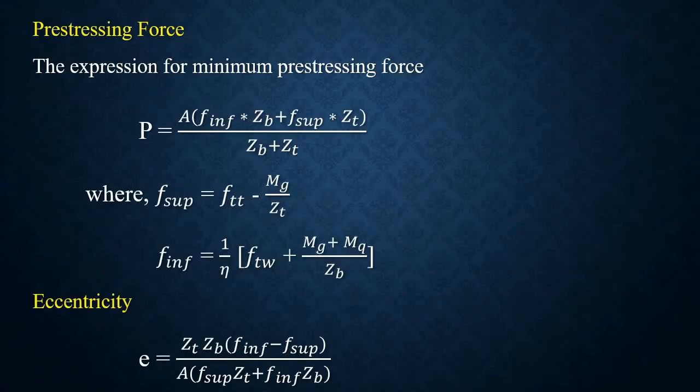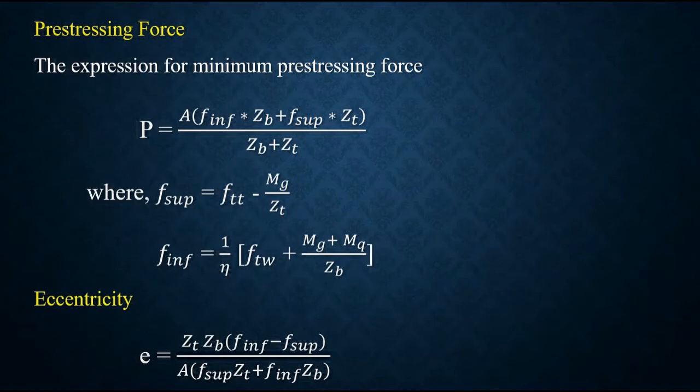Next is the prestressing force. The expression for minimum prestressing force is P equal to A into (F inferior into ZB plus F superior into ZT) divided by (ZT plus ZB), where F superior is FTT minus MG by ZT, and F inferior is 1 by eta into (FTW plus (MG plus MQ) divided by ZB).